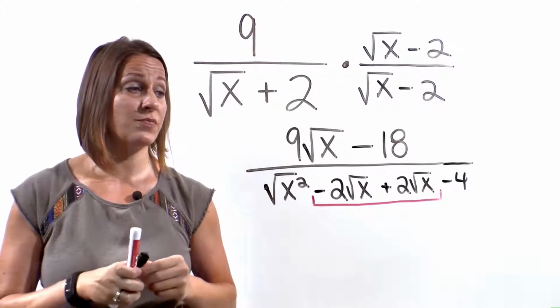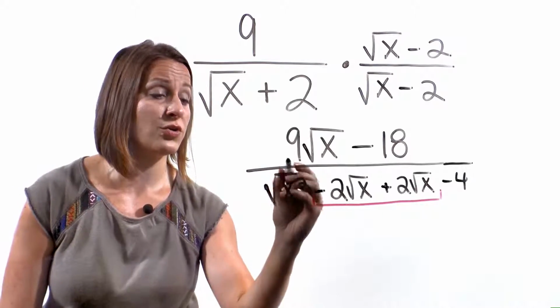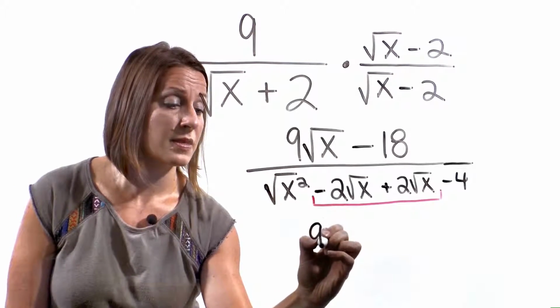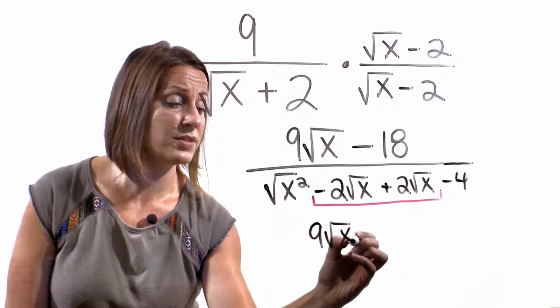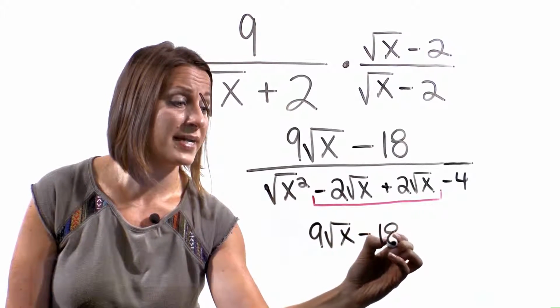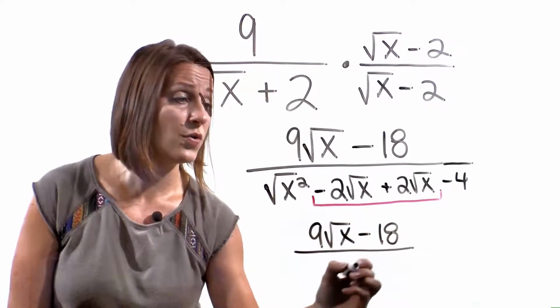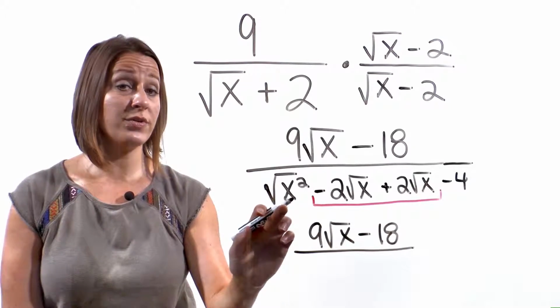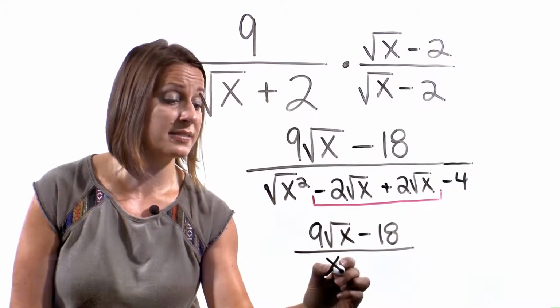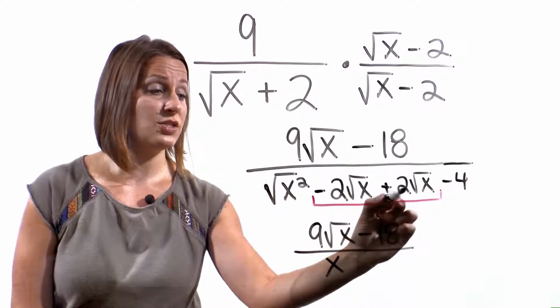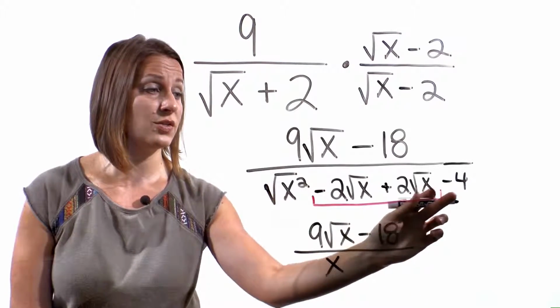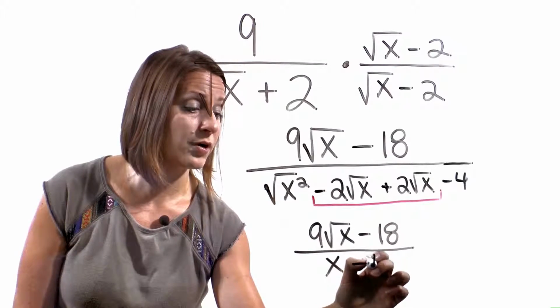So those cancel. So we are left with our numerator, 9 square roots of x minus 18 over the square root of x squared, which is x. These two middle terms cancel, and then we have a minus 4.